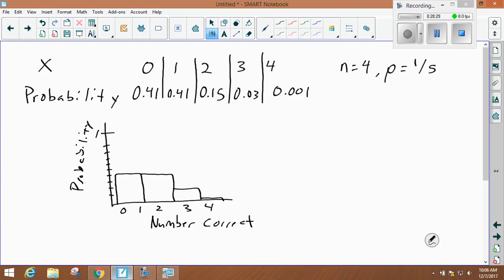Cool. Something like that. That's what our probability distribution looks like. So let's calculate the mean of our random variable x.